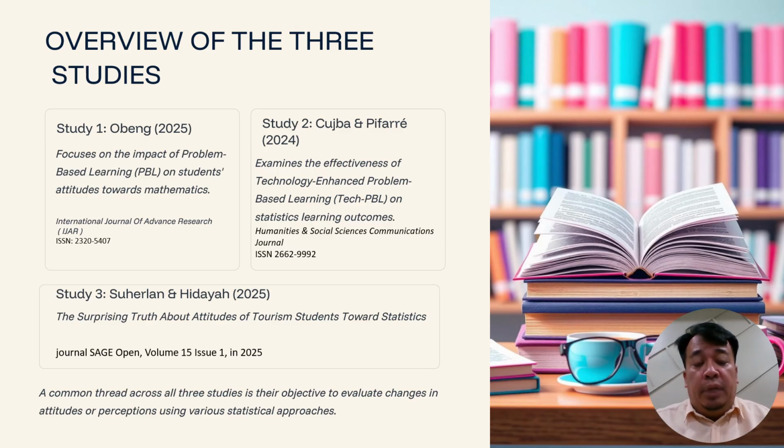And finally, the third study, by Suhelan and Hidayah, also in 2025, explores tourism students' feelings and perceptions about statistics in an Indonesian university setting. Each study used different statistical techniques based on the nature of their research design and objectives.